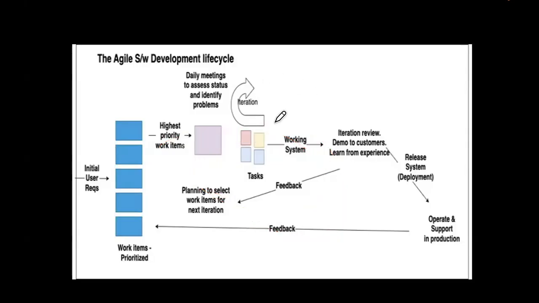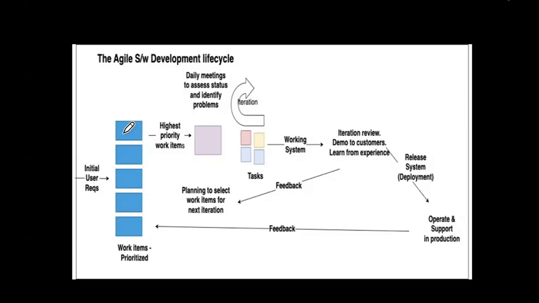So it's an iterative process, and the second characteristic is that there are feedback loops built into the process. Feedback is extremely important, in the sense that you're getting feedback from your customer or client, or whoever you're developing the software for, and that feedback informs your user requirements.